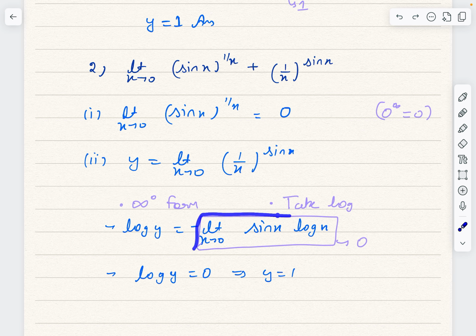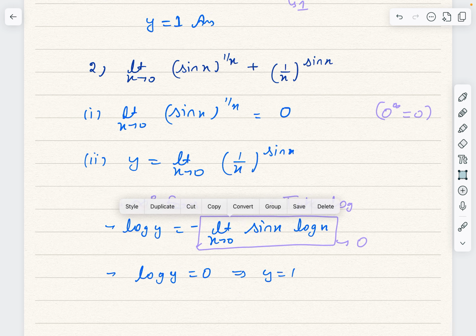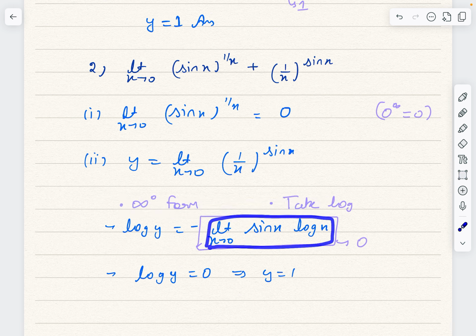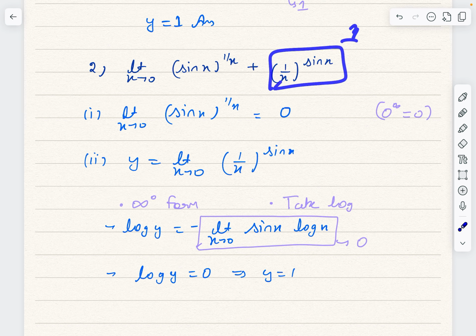This limit we have solved in the previous problem also, it was 0. In the previous problem also we ended up with the same thing. Limit x tend to 0 sine x into log x, which will be 0. So log y is 0, so y will be 1. So this limit is 1, this limit is 0. Final answer will be 1 only.